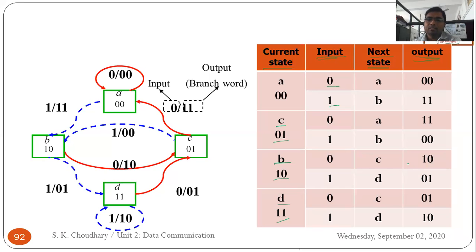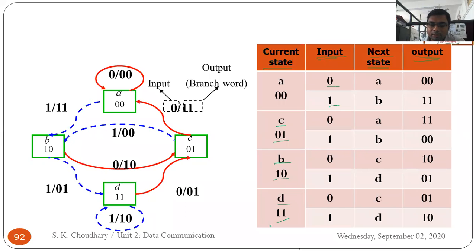So you can take a screenshot of this state diagram as well as the lookup table, but it is better if you note it down, or draw this state diagram by your own understanding, and after completion of the state diagram we can easily draw this lookup table.